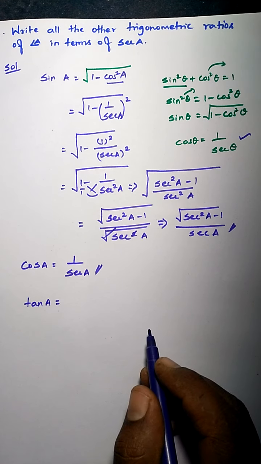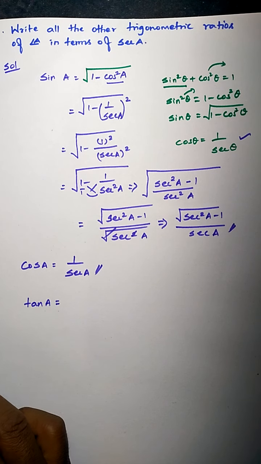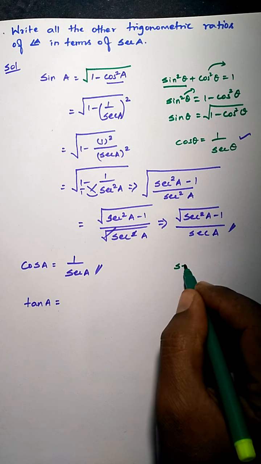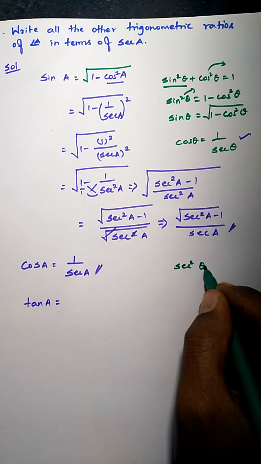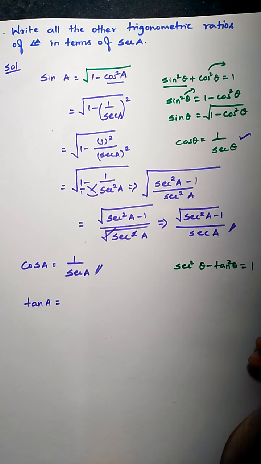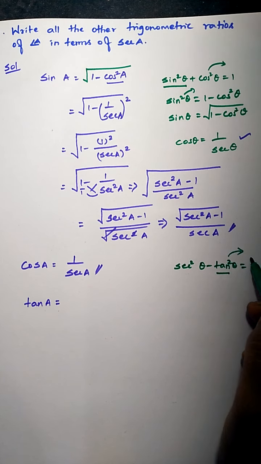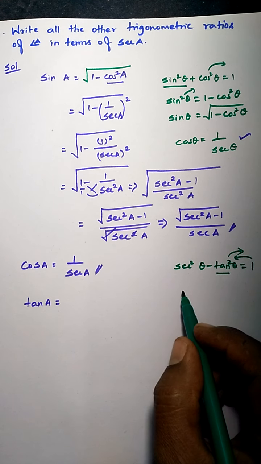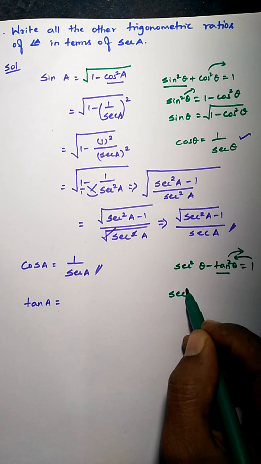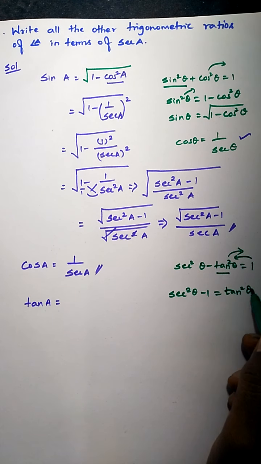Now let's take the formula here, one identity. Secant square theta minus tan square theta equal to 1. If you want tan square theta, you take this to the opposite side and 1 you bring here. Then you will get secant square theta minus 1 equal to tan square theta.